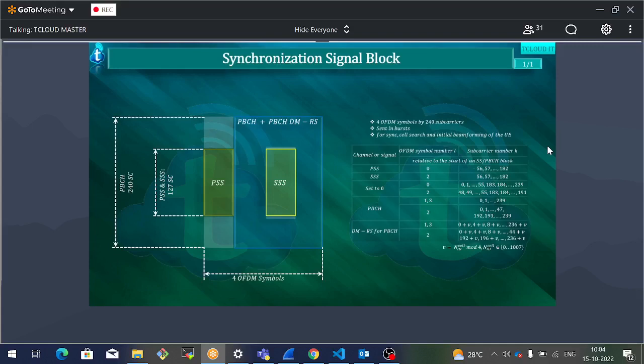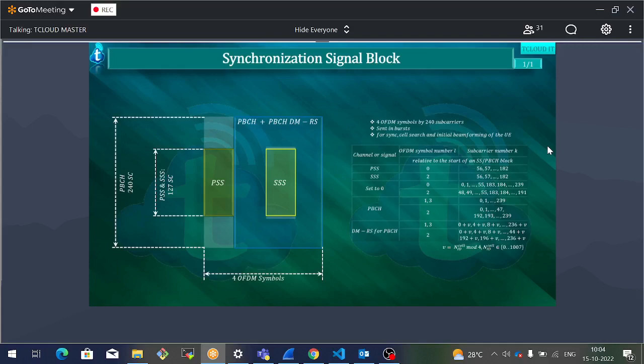And 3GPP thought that if you can make this whole block identifiable for the mobile, after identifying it we can send whatever main details are required in the system, so that the mobile equipment will get its first impression of the network. So we give the first important details of the network as part of this system information block. That's the idea here.